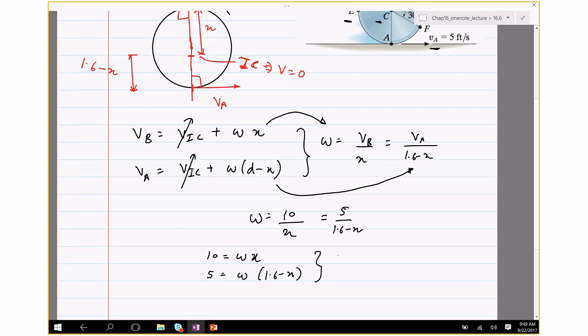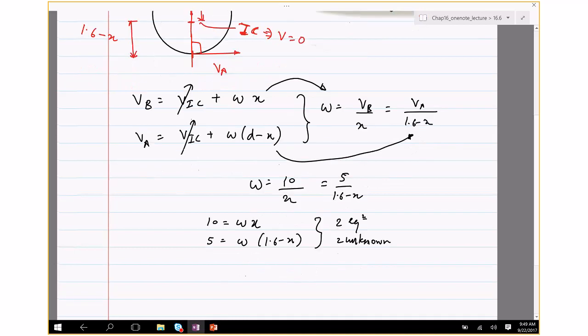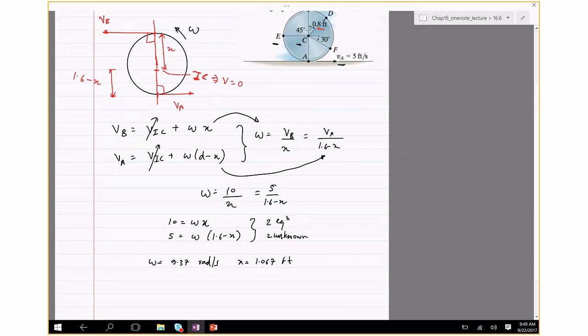So two equations, two unknowns. You can solve for omega. It comes out to be 9.37 radians per second, and x is 1.067 feet. So I solved for omega and x, but I've still not solved for VC and VE.